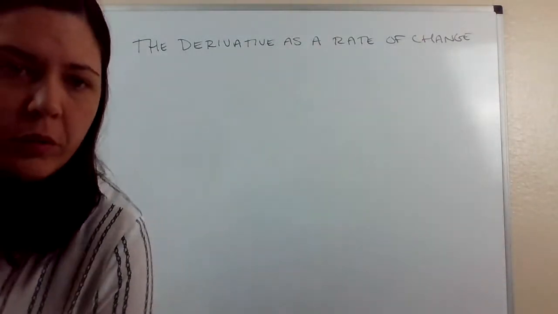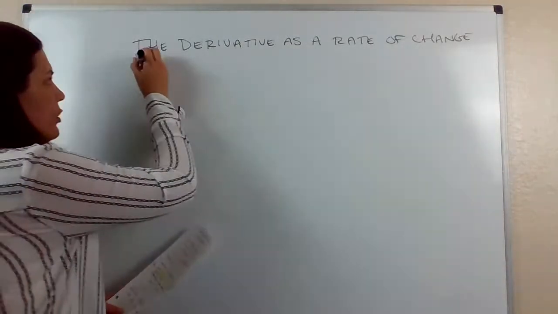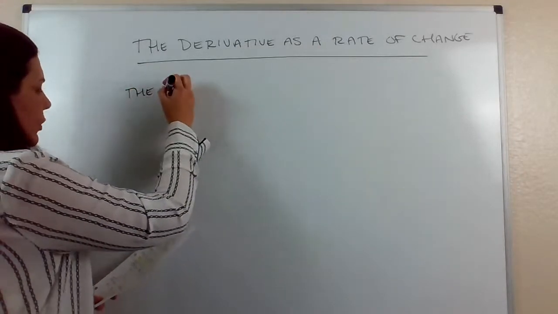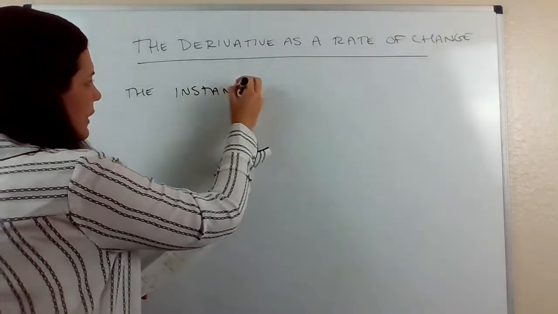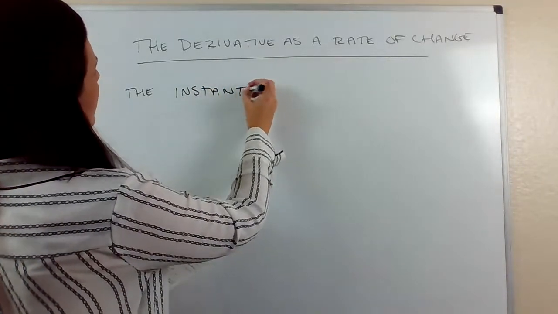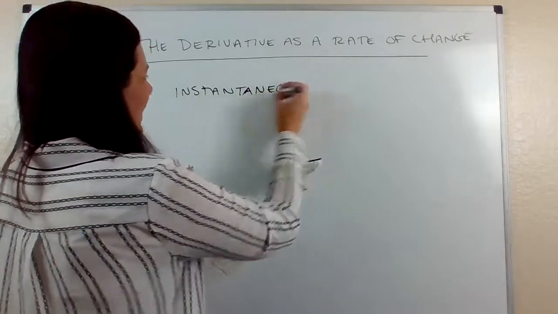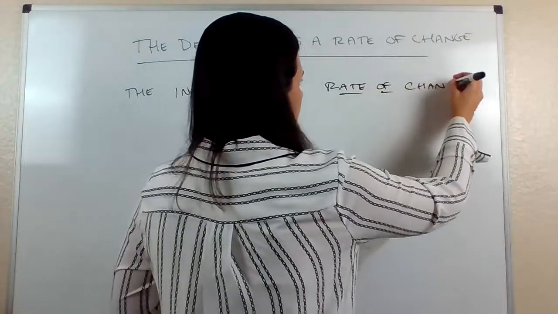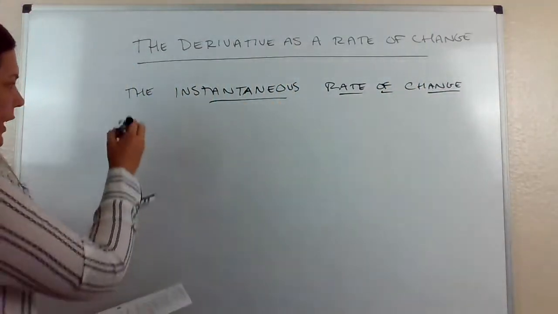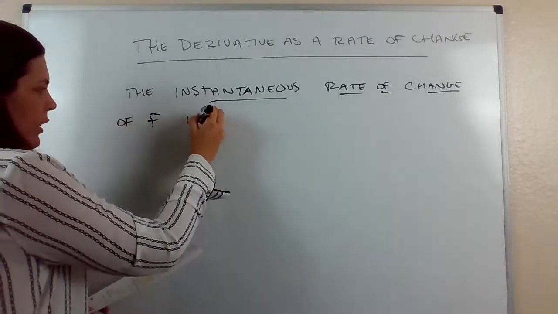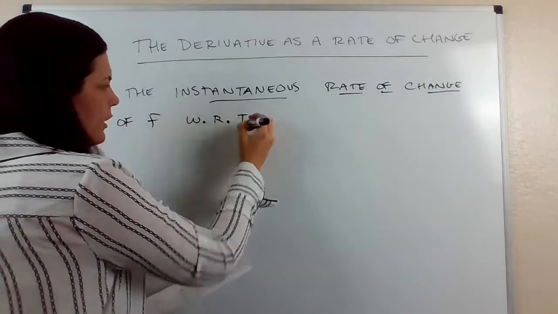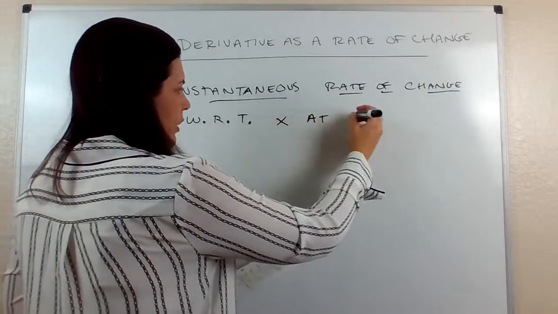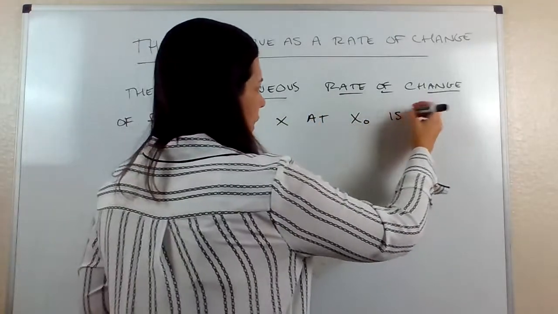Okay, so we've talked about derivatives already, but let me give you this new way or definition. It's actually something we've already kind of talked about for derivatives. So the instantaneous rate of change of some function, we're going to call it f, with respect to x, and this is at a particular value of x, we're going to call it x naught, is the derivative.